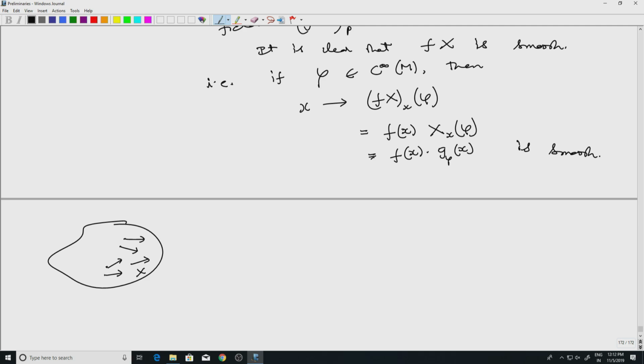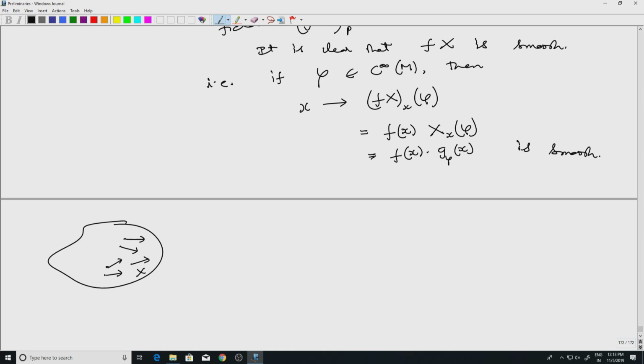I will multiply by the constant f of x. So this vector will shrink or expand, and it might get reversed also depending on whether f of x is negative or positive. But essentially we stay along the same line at each point, and the direction or the magnitude of the vector can change depending on f. Right. So that is the one observation which is useful.